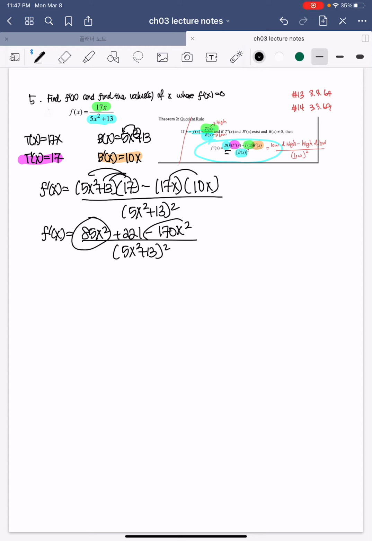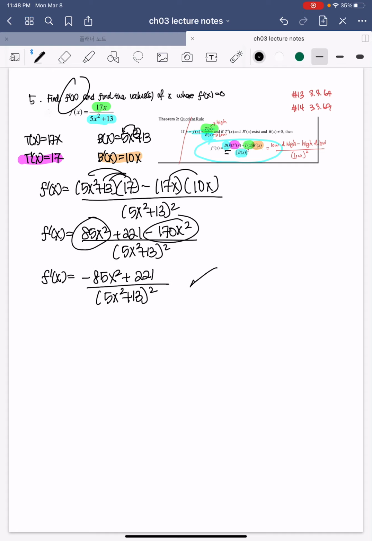Let's combine the x squared terms. So I'm getting negative 85x squared plus 221 over 5x squared plus 13 squared. That is the first part. We are done with taking the derivative.